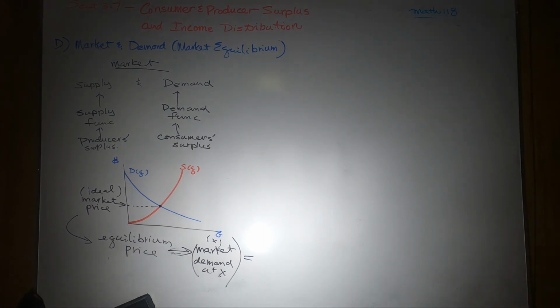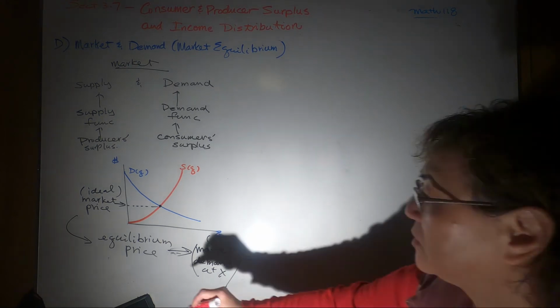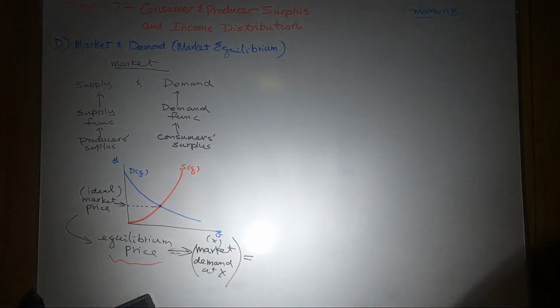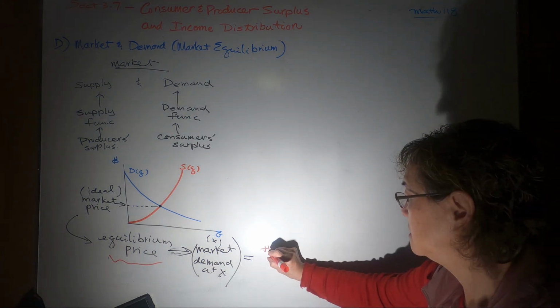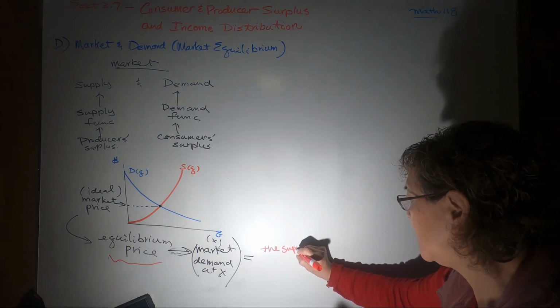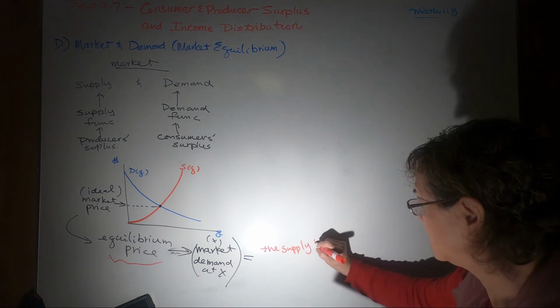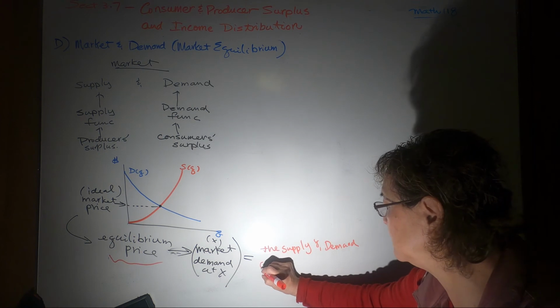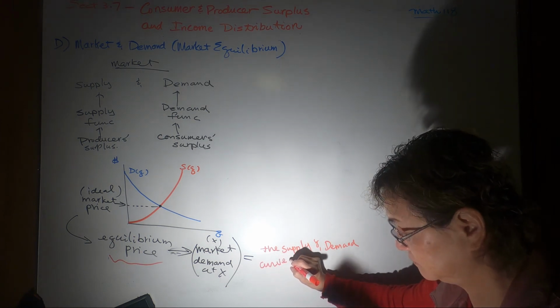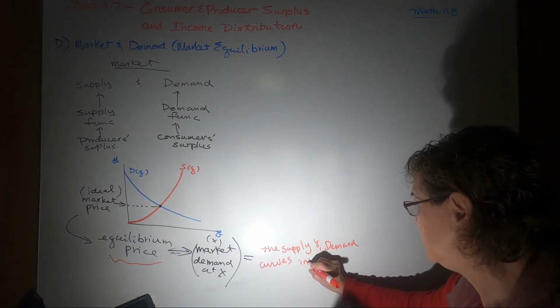Okay, so equilibrium price, the balance point, would be what? It would be where the supplier side and the consumer side demand curves meet.